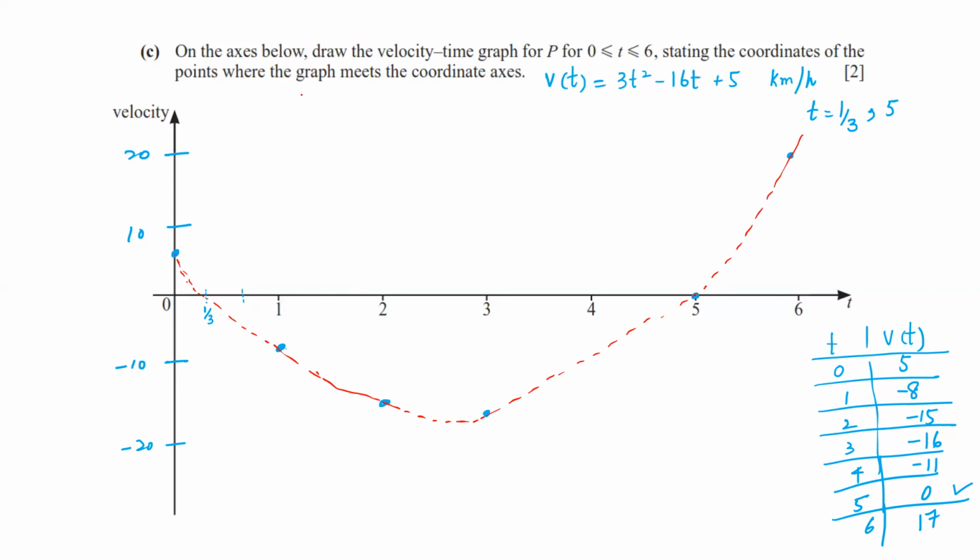On the points where the graph meets the coordinate axis, this is one point. This point is on the y-axis. So x value is 0, y value is 5. This point is on the x-axis. So 1/3, y value is 0. Similarly, there is this point on the x-axis, it means the y value is 0, so it's 5 comma 0.